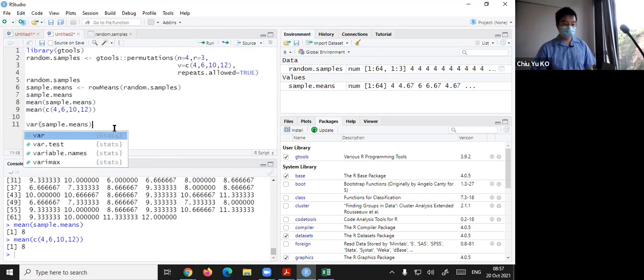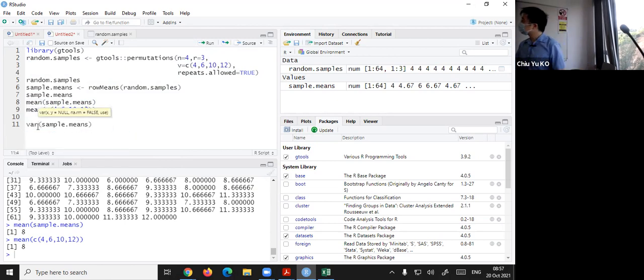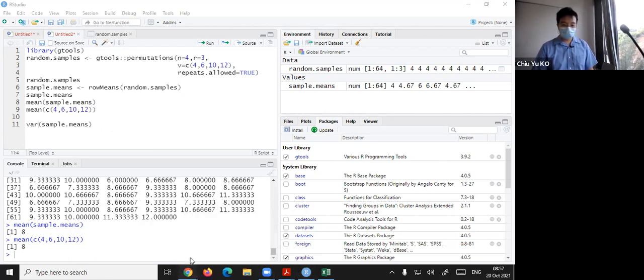So this variance in Excel is over n minus 1. So we need to be a little bit more careful when we calculate this one. One way to do it is to pick up our function.